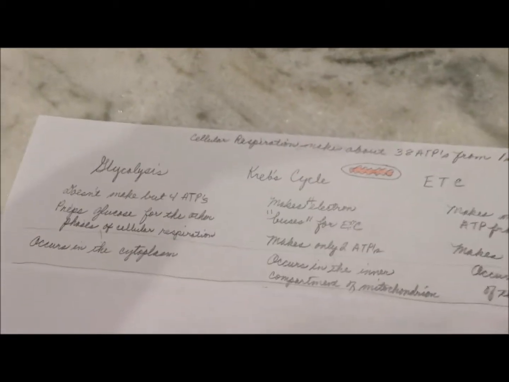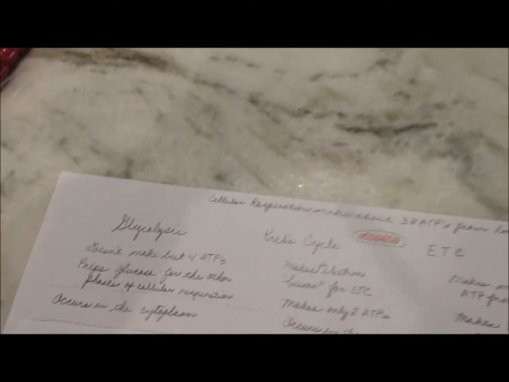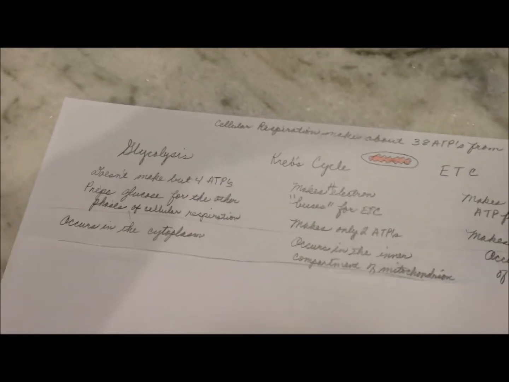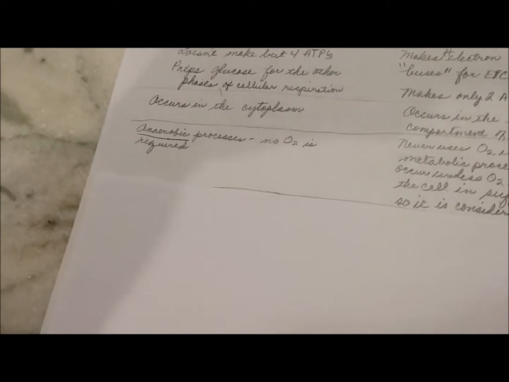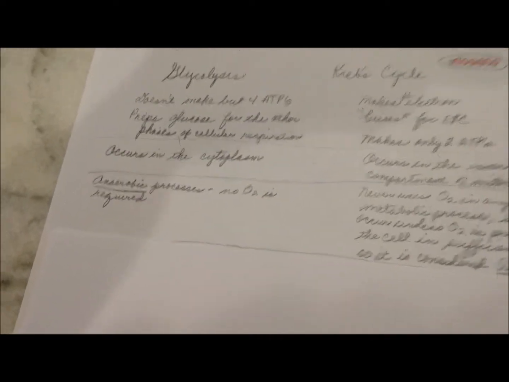And you need to remember that. You need to remember how many ATPs are made in each one of these phases. You need to remember where they occur. And then you need to remember if they require oxygen. Glycolysis does not use oxygen in any of the metabolic processes.